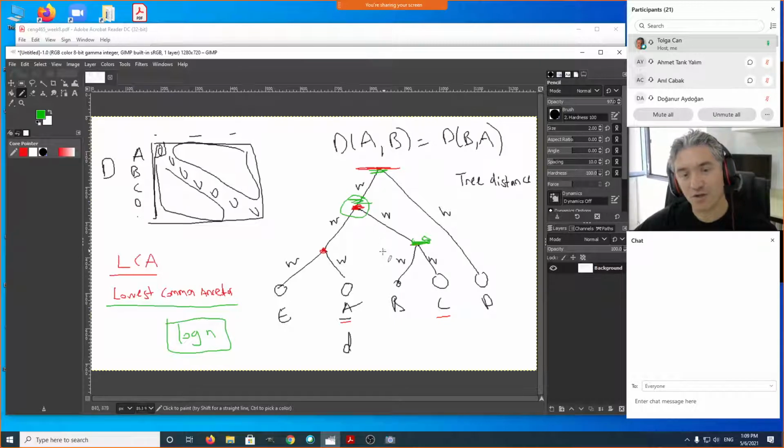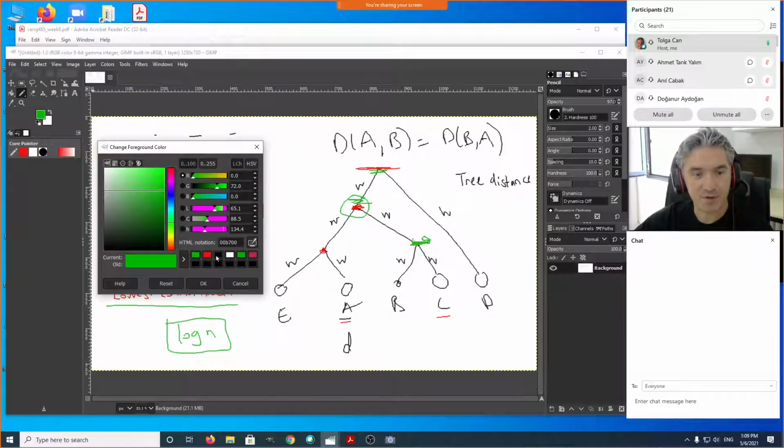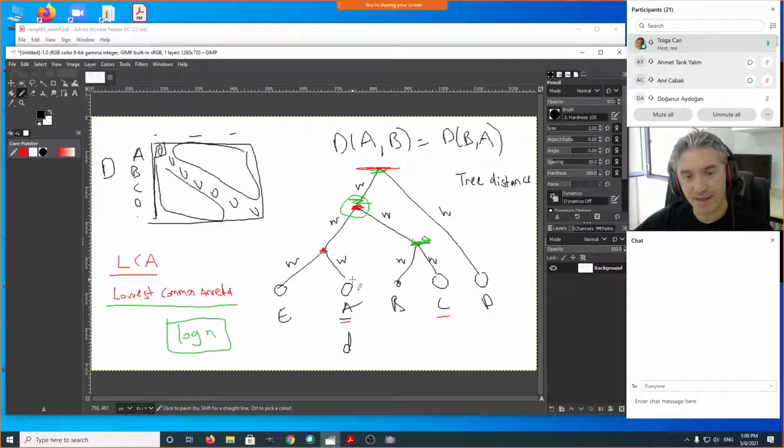I'm using the terminology here for describing the tree path. The path to the lowest common ancestor is unique in both cases.